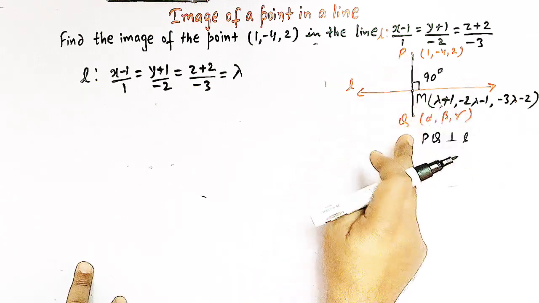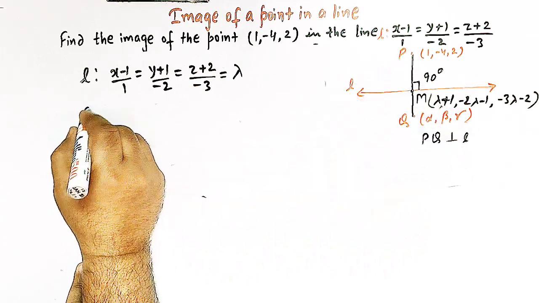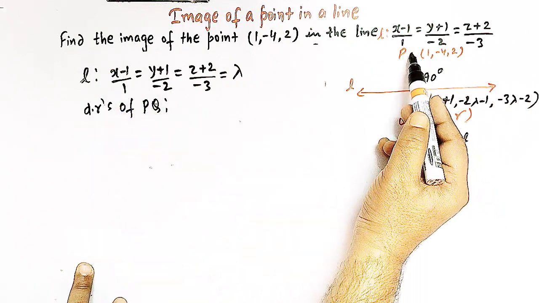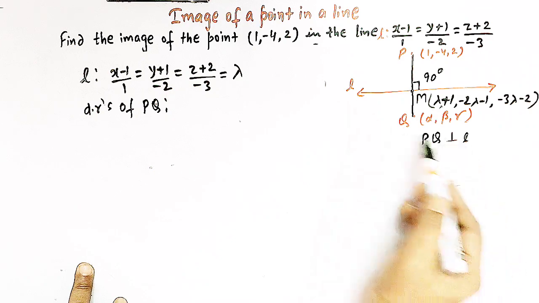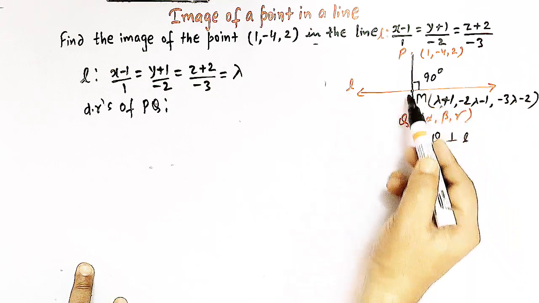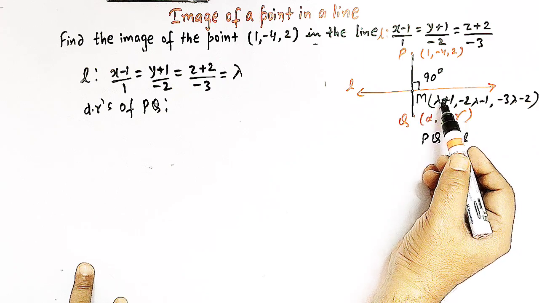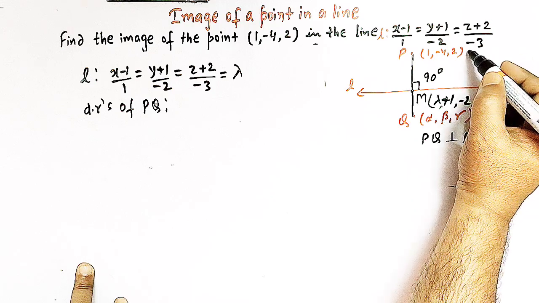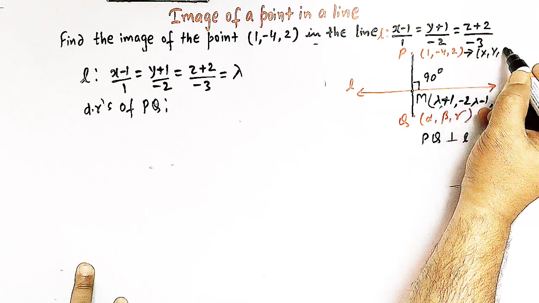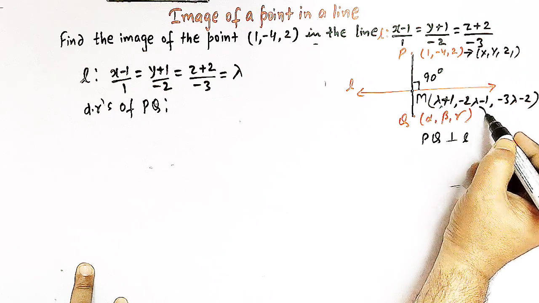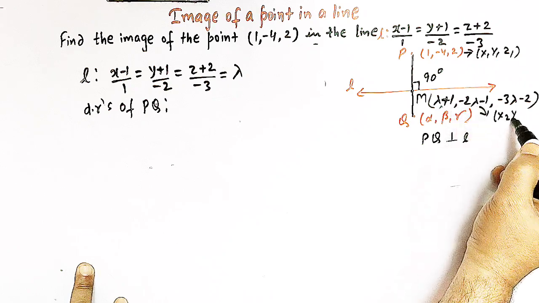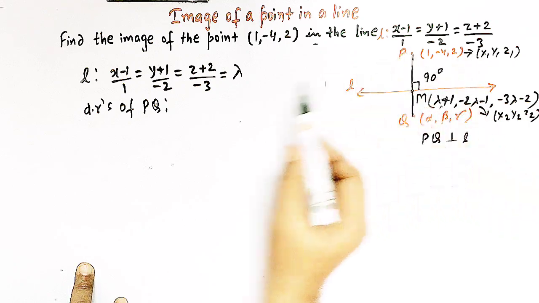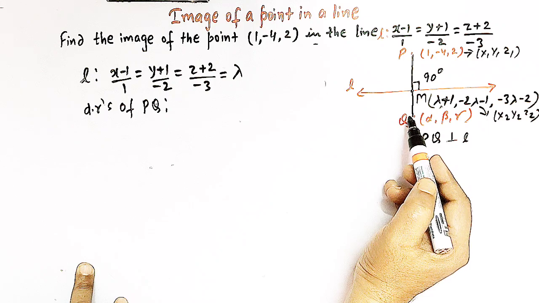So now the next step is to get the direction ratios of this line, that is PQ, right? And this line PQ is perpendicular to this line L. So now the direction ratios of PQ can be obtained by taking the difference of these two coordinates, because if we take this coordinate as x1, y1, z1, say, and this coordinate as x2, y2, z2, then the difference of the coordinates gives us the direction ratios of PQ, right?